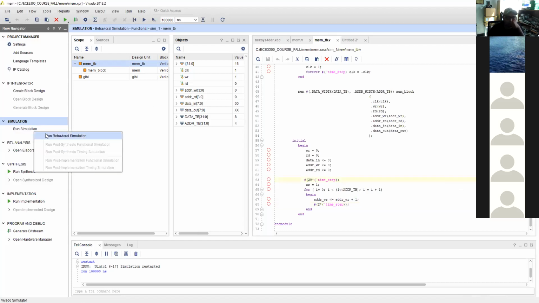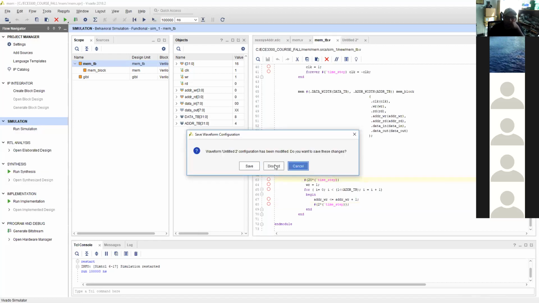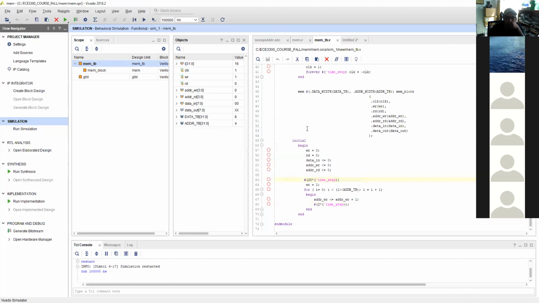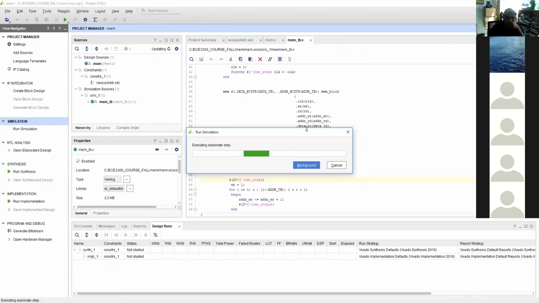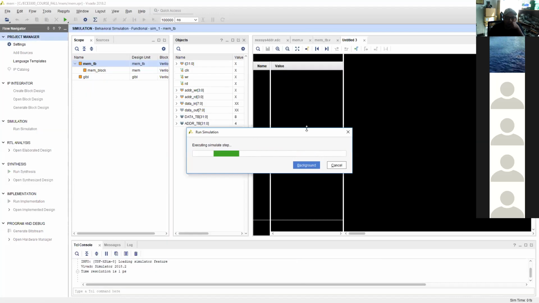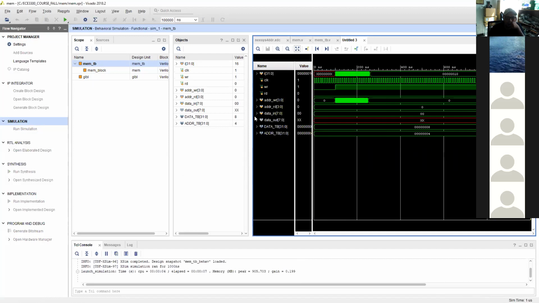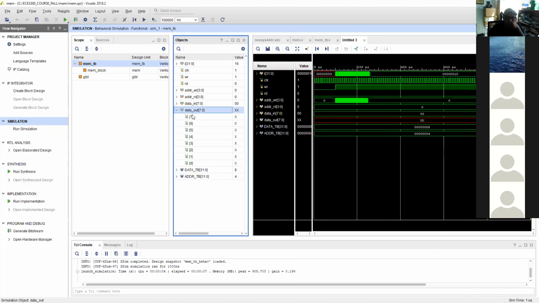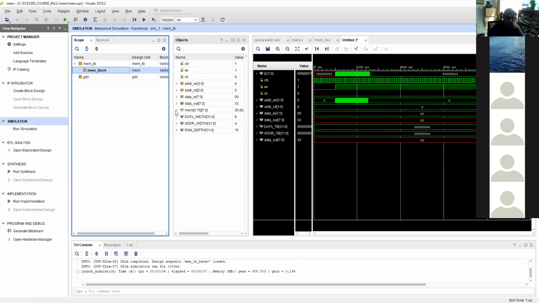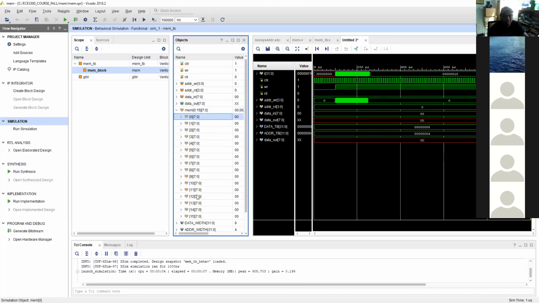If we run like this, now the memory came with zeros. So you understood what happened, right?